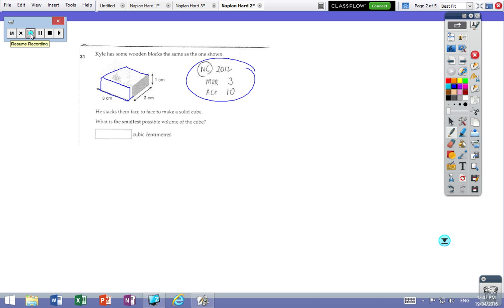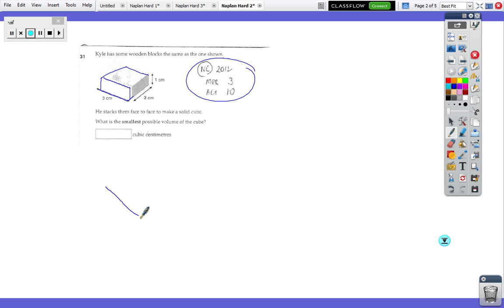Okay, so we've got different numbers. Again, we need to have the same number because it's a cube. So, for instance, if I have a 3 and a 3 and a 2 and a 2 and a 2, and then stack it up that way because they're all 1 centimetre, I can get 6 by 6 by 6 centimetres each direction.